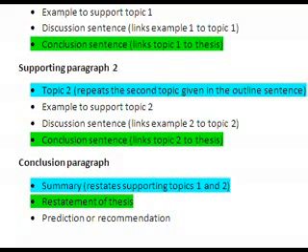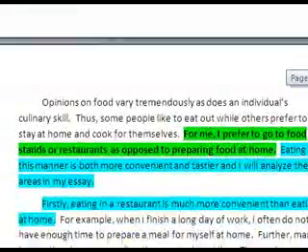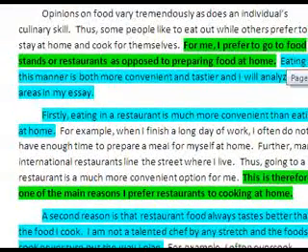So I've marked this here in green, which links back to the argument that you presented in your thesis, and you're stating it again at the end. Following this, I included a copy of the essay that we wrote together prior to this lesson, Opinions on Food.